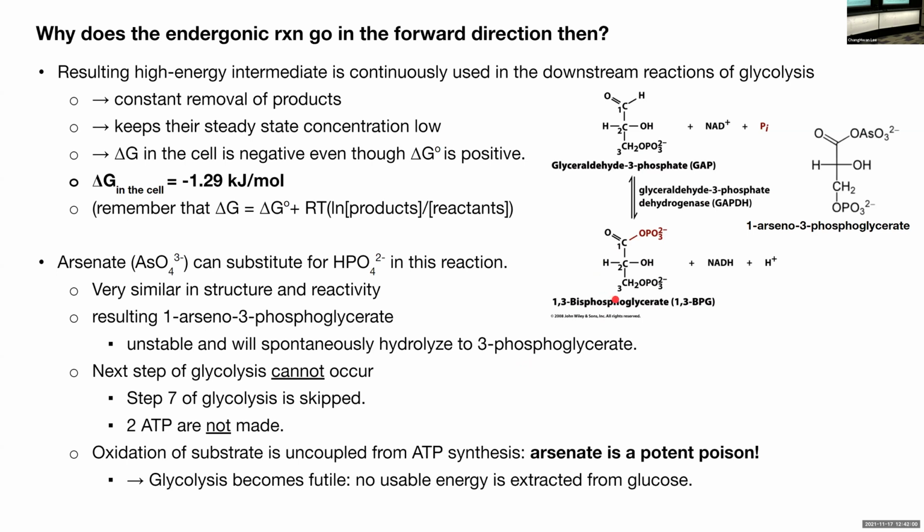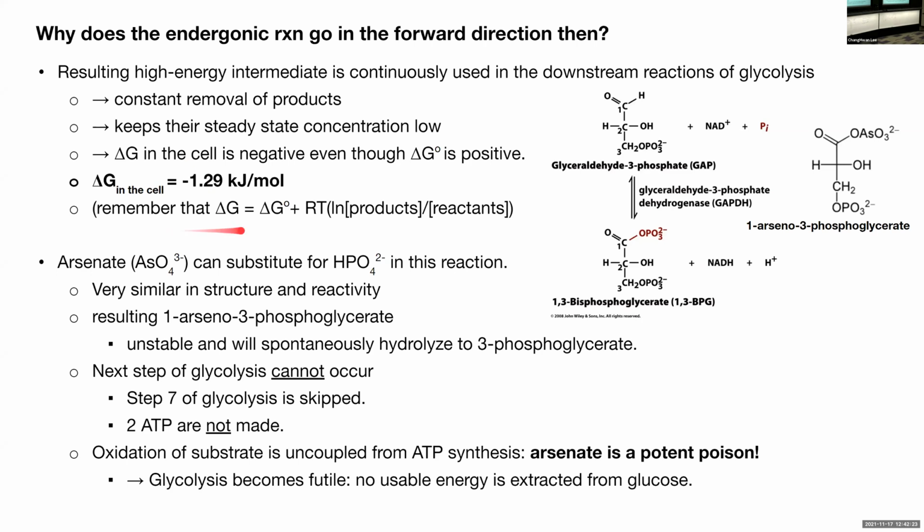So it's going to be continuously processed, which leads to the constant removal of this product. That means at steady state, it keeps the concentration of 1,3-BPG low, and that will still drive this reaction go forward.